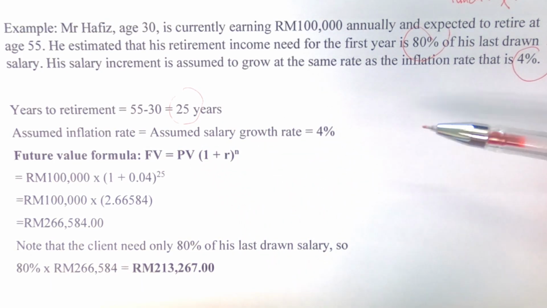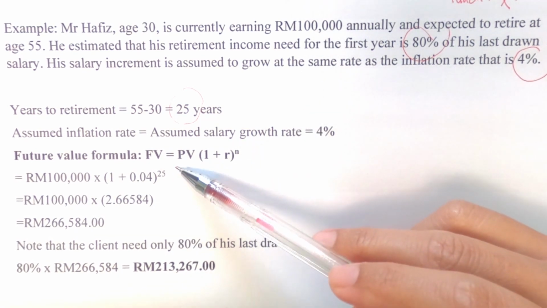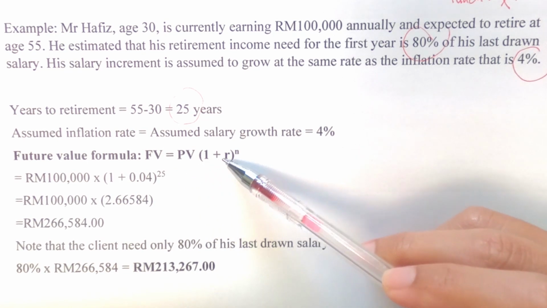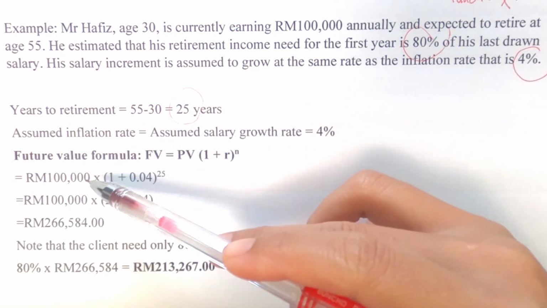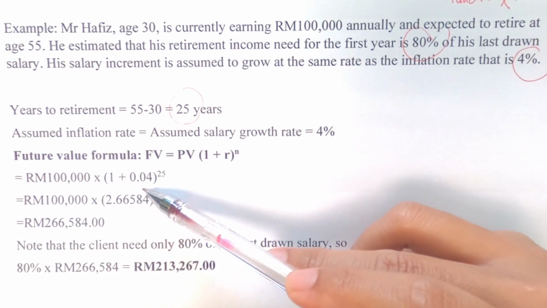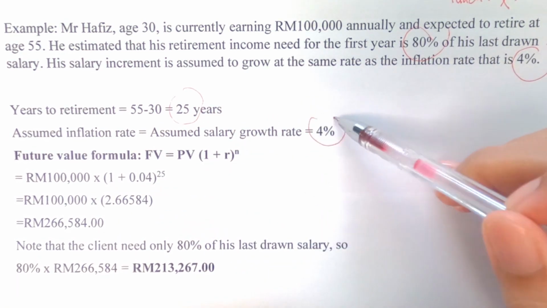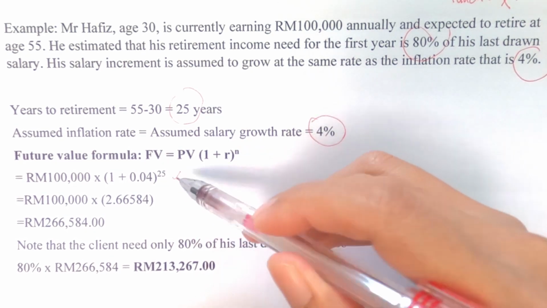Therefore, the formula that we need to use is the future value formula, FV equals PV times (1 plus r) to the power of n. So the PV is 100,000 times (1 plus 0.04), that is this 4% changed to decimal, and n is 25.